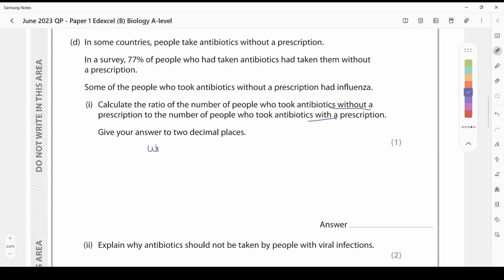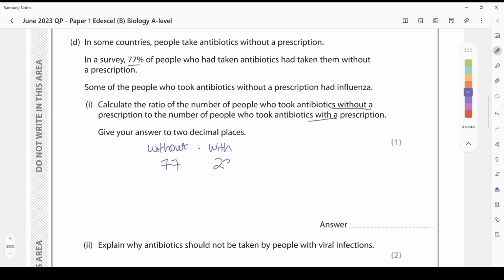So I'm just going to write without versus with. And if I had 100 people, then 77 people would have taken antibiotics without a prescription. And then to calculate the number of people that took it with a prescription, you would do 100 minus 77.